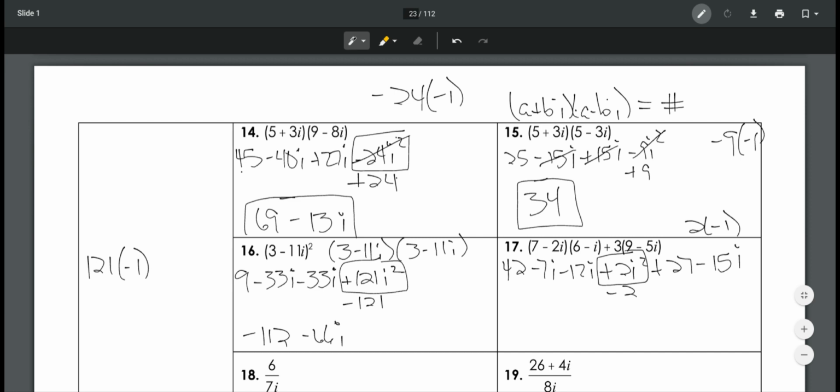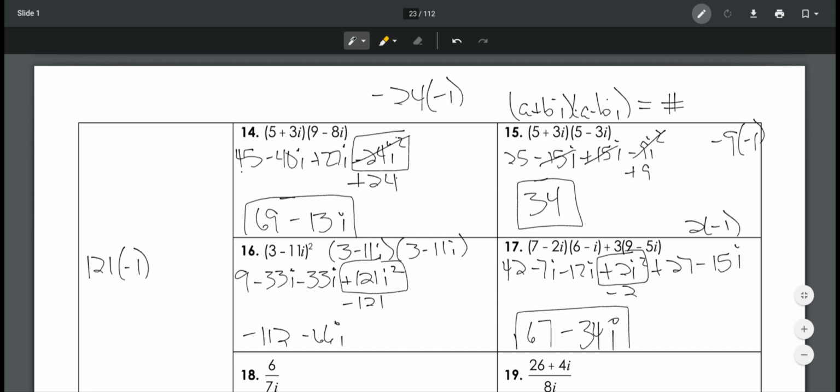So I go through and add up all my a values. 42 minus 2 plus 27 is 67, and negative 7i, negative 12i, and negative 15i all add up to negative 34i. So I add up all my a's and all my bi's for a total of 67 minus 34i.